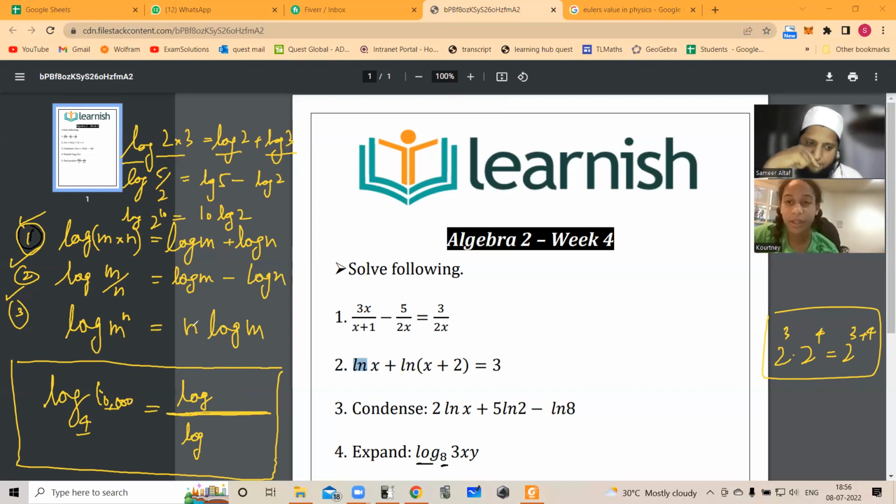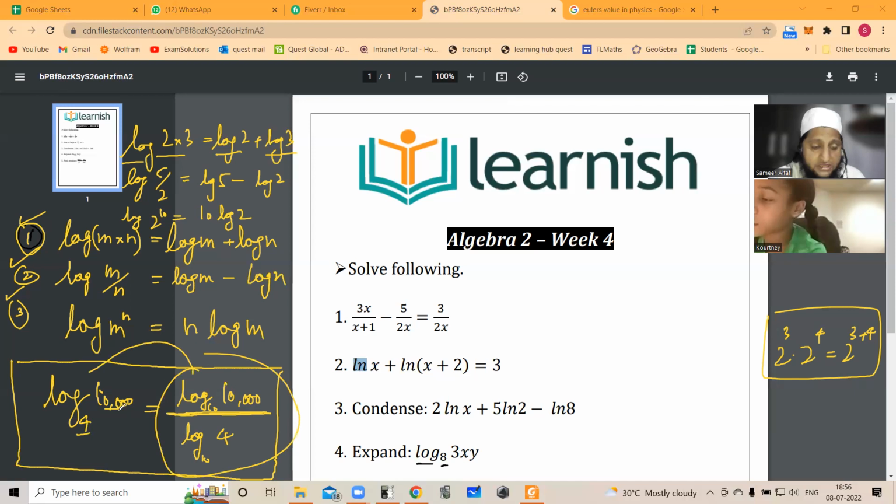So then you'd have log to the base 10 for both of them, and then the numbers are 10,000 and 4. Correct. Log of 10,000 to the base 10 divided by log of 4 to the base 10. That will be exactly the same as log of 10,000 to the base 4. Okay. So this is called a base changing formula.